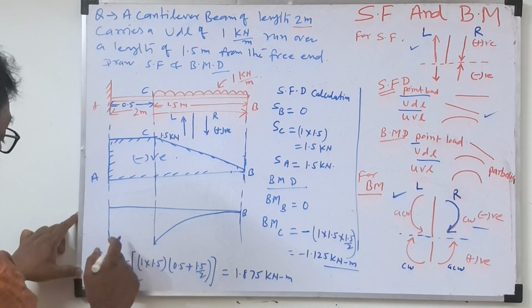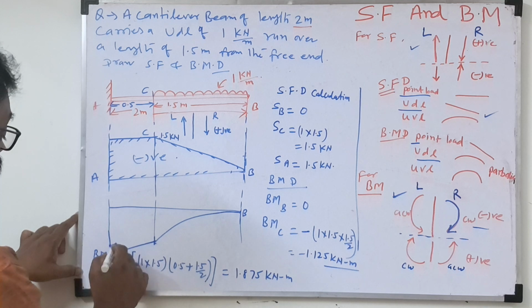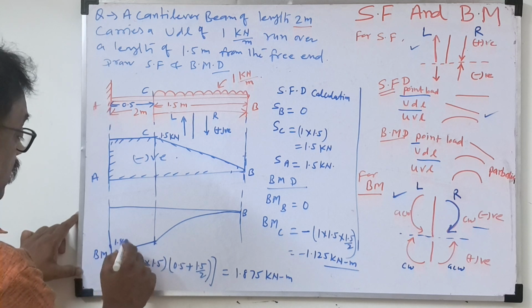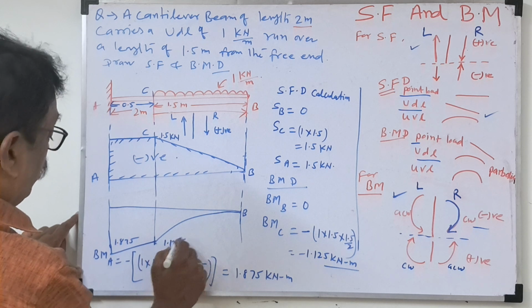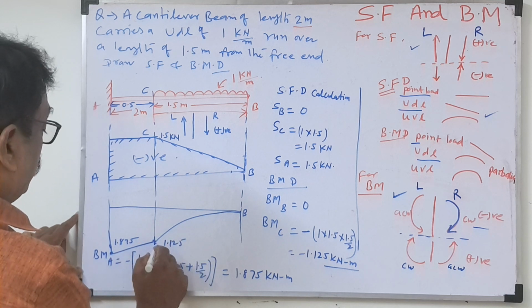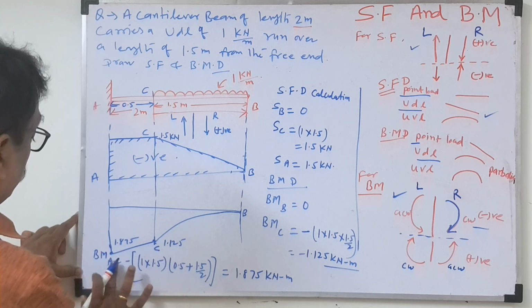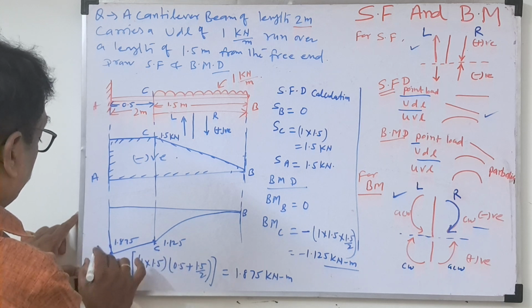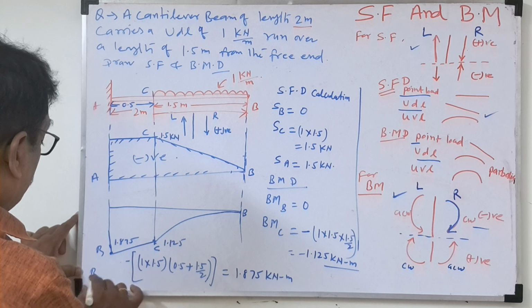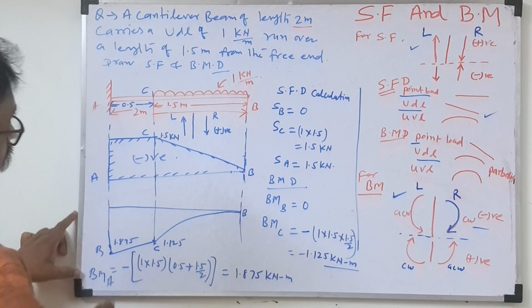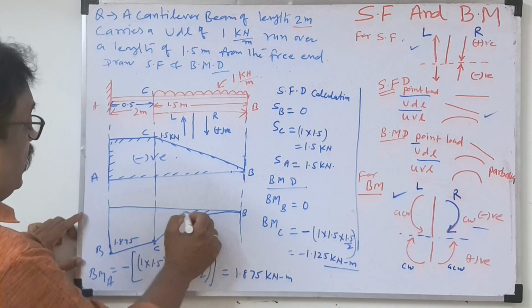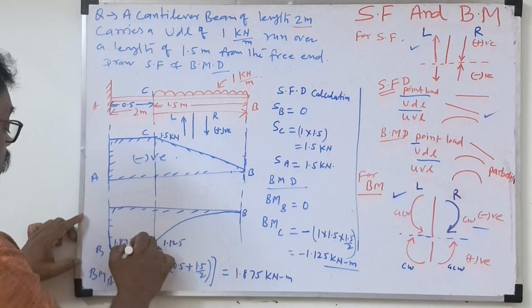You can draw the inclined line. So this is 1.875, this is 1.125, this is the bending moment at C, this is the bending moment at B, and this is the bending moment at A we calculated. So this is the bending moment diagram for this given problem.